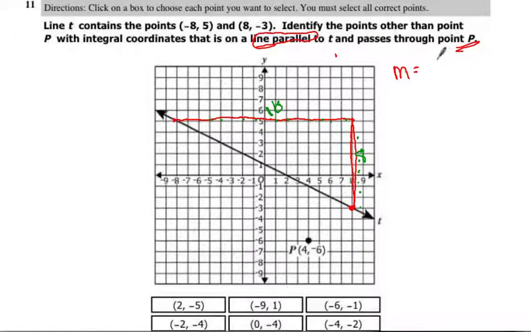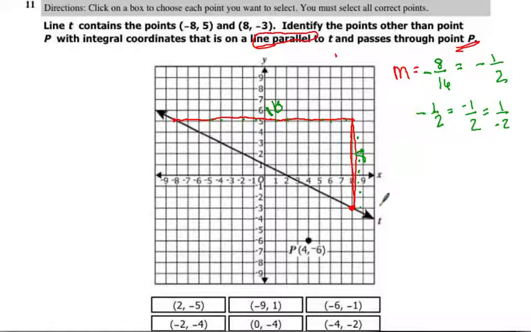So my slope is we fell 8, we ran 16, and it's a negative slope. That reduces to -1/2. Now remember, -1/2 is the same thing as -1 over 2 and 1 over -2. No matter where the negative is, they're all the same.